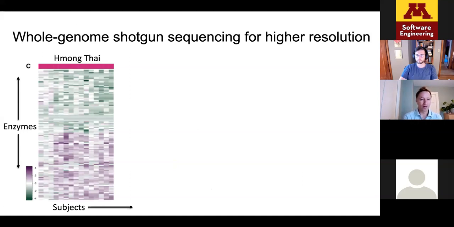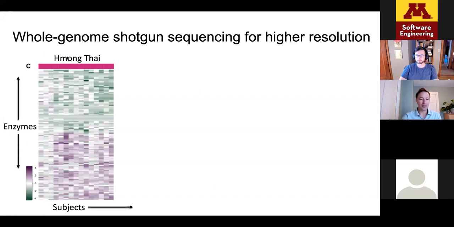And one of the things we were able to see, so here I'm showing you, these are Hmong people living in Thailand. So every column is a subject, the rows are different enzymes. Enzymes are proteins that break down parts of your food, basically. And the colors just show, do they have a lot of that enzyme, which is purple, or a little, or very little, which is green.